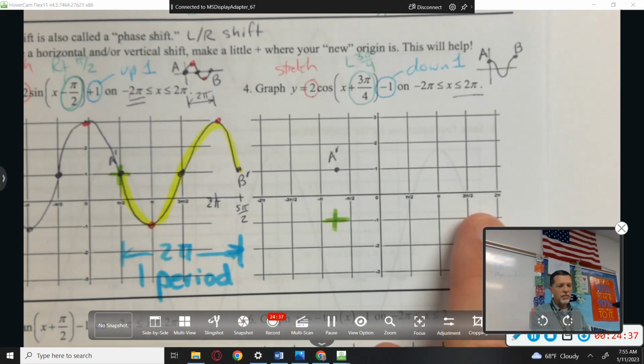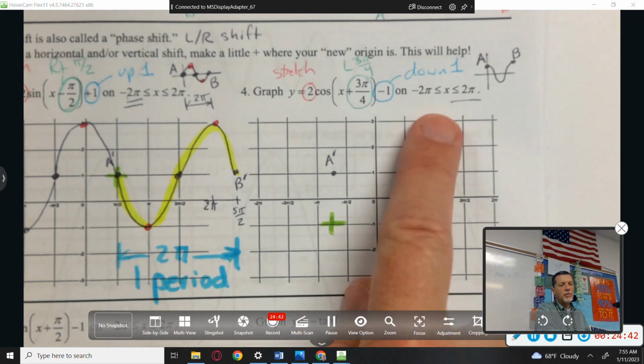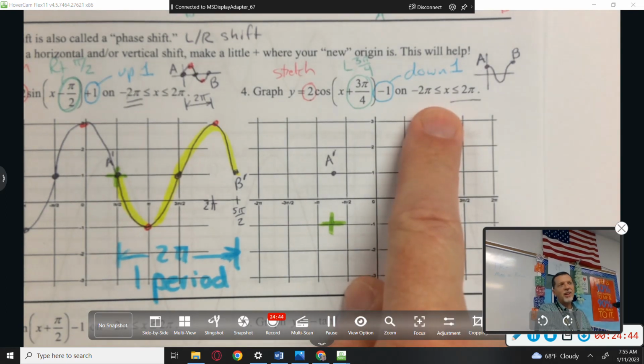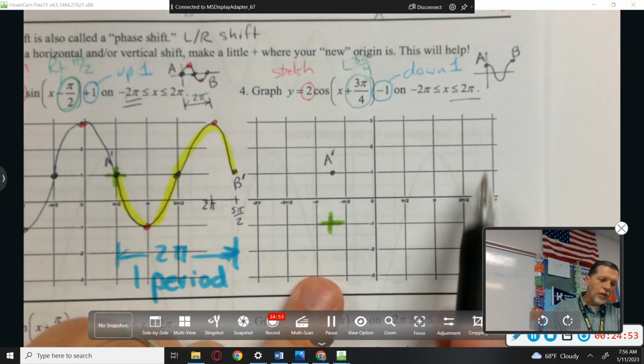It's going to come up 3 pi over 4 short. I'm not worried about that part of the instructions yet, but you're right, I will have to extend it to the right a little bit more. But right now I'm trying to figure out where this thing ends.